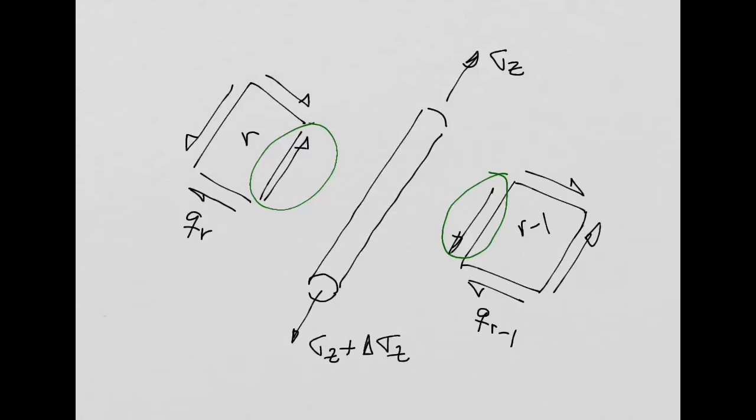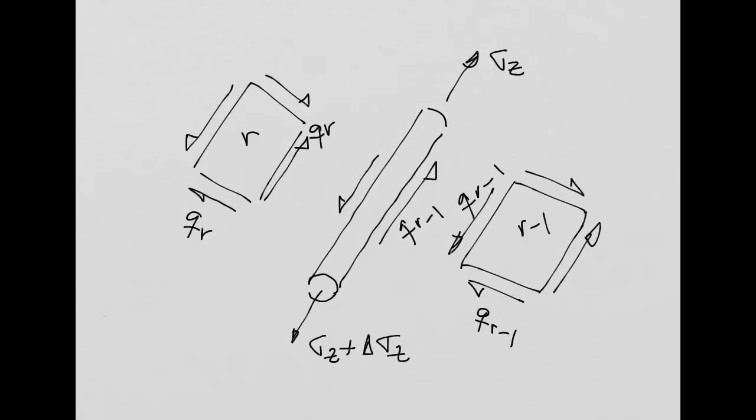The skins are going to react into the boom with the same stresses but in the opposite direction. So on this side of my boom, this is going to be QR minus 1, and this is QR, and I will need to have here in this direction also QR.